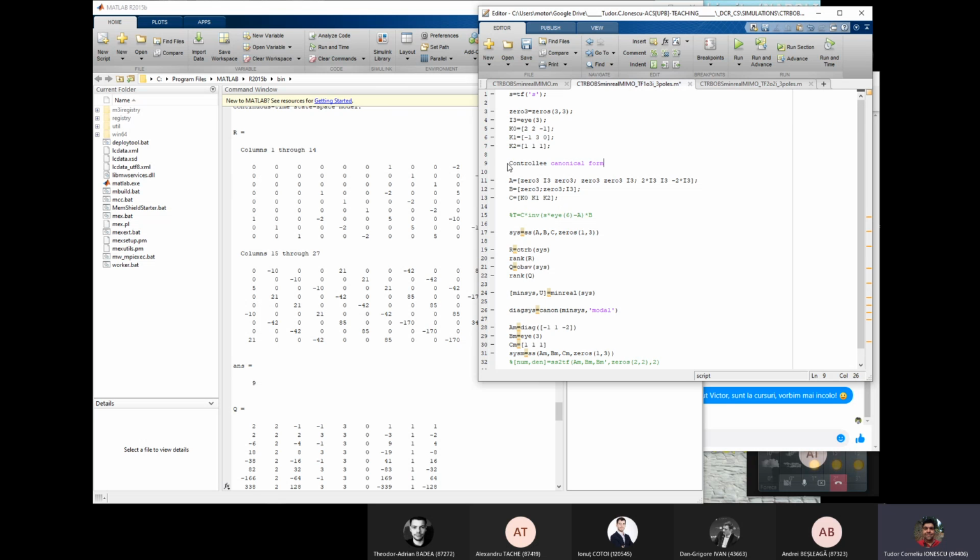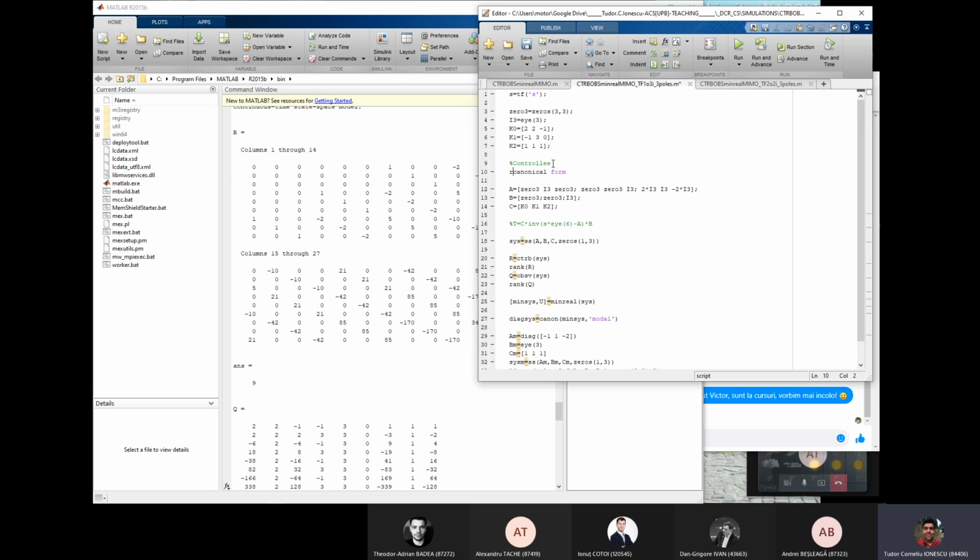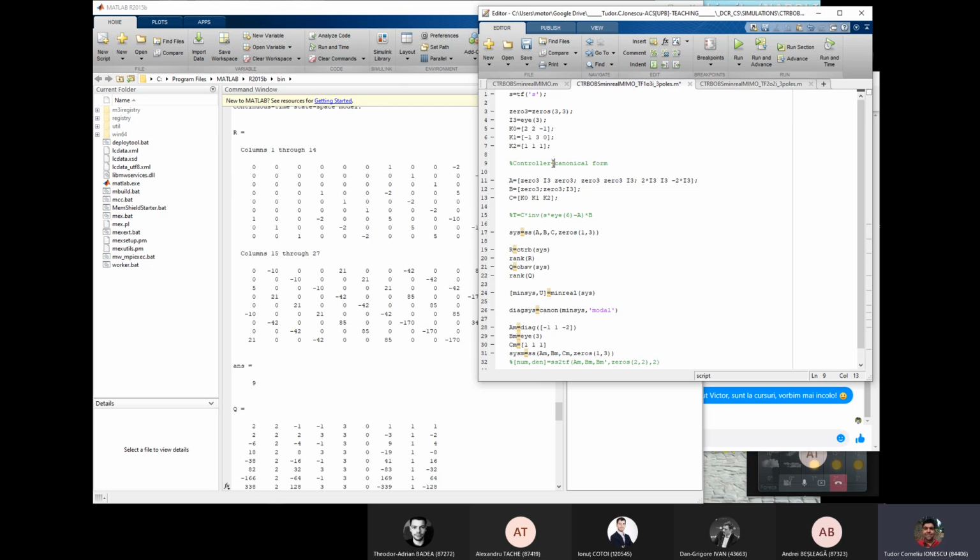Let's make it a comment. This is the state space system, the state space realization.